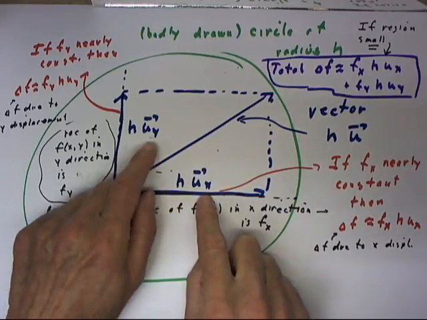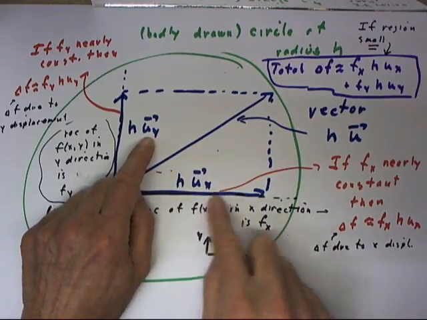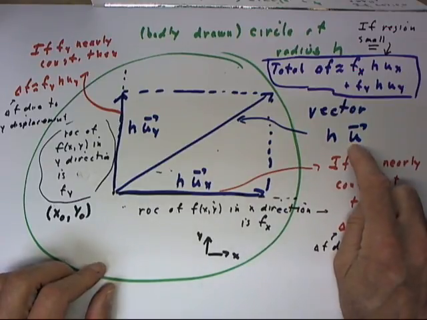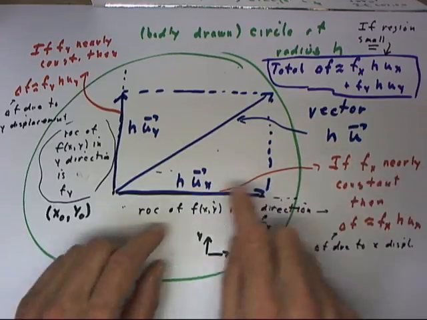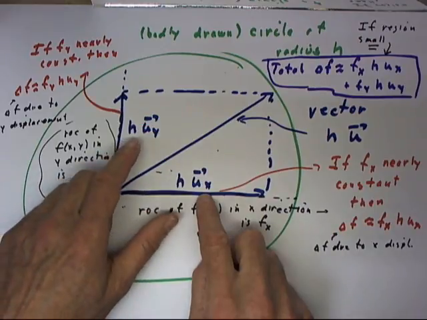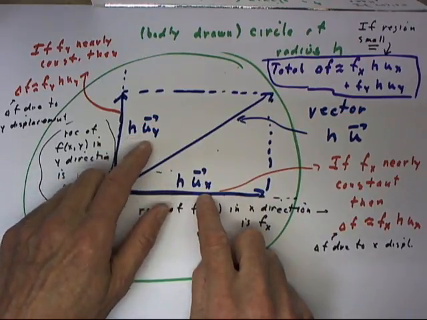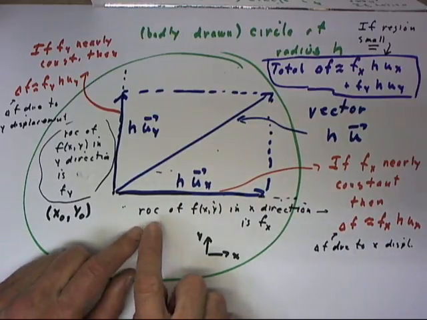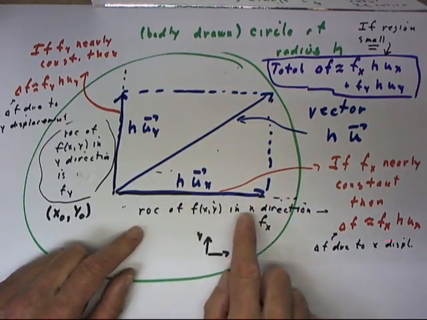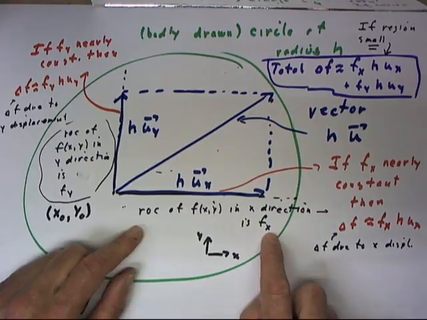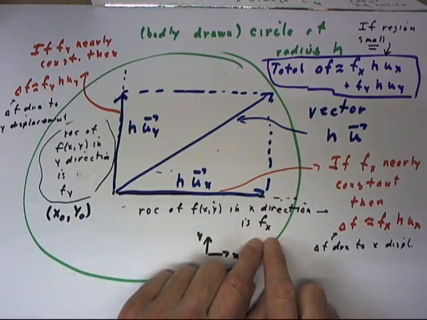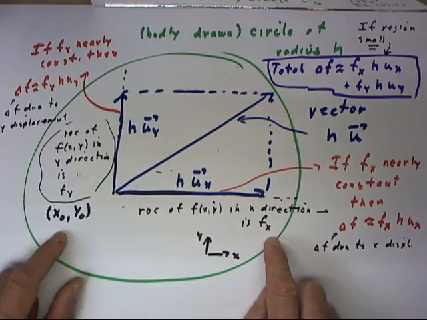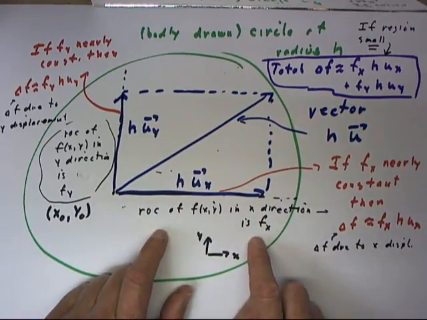If ux and uy are the x and y components of our original u vector, then hu is going to have x component hu sub x and y component hu sub y. Assuming that the rate of change of f of x, y in the x direction is f sub x, the x derivative of f, evaluated at the point x naught, y naught, and I'm not going to write in all that notation.